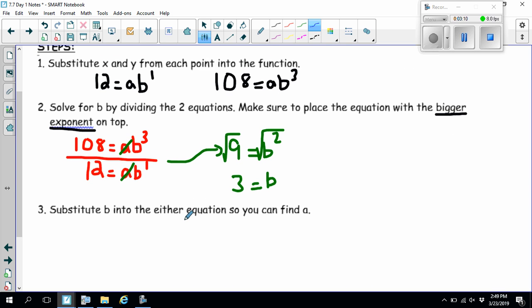So it really doesn't matter. I always suggest plugging your b value into the easier one. In this case, I would say the first equation is easier, but you can also plug it into the second equation and still get the same answer.